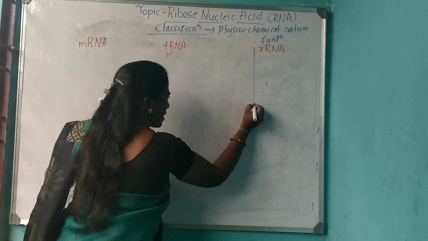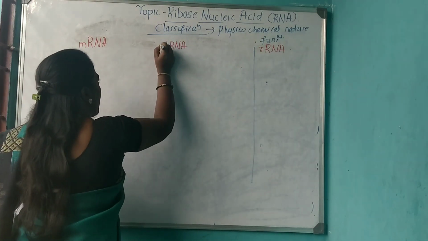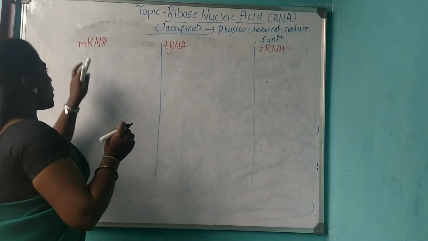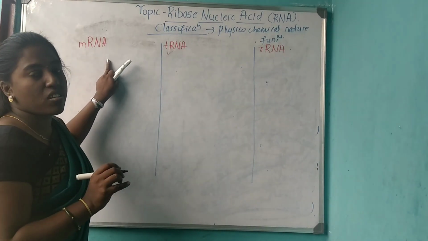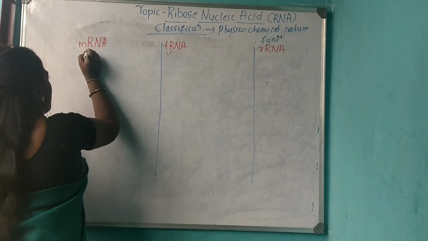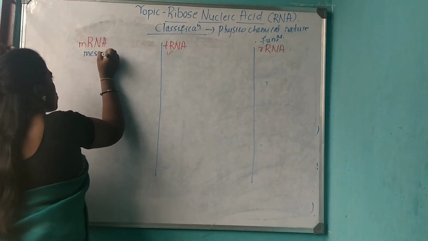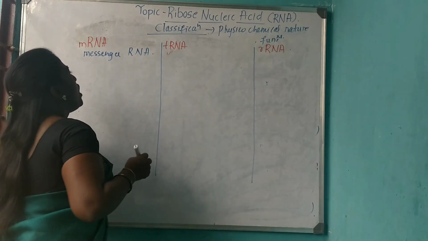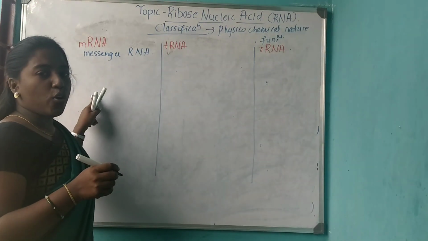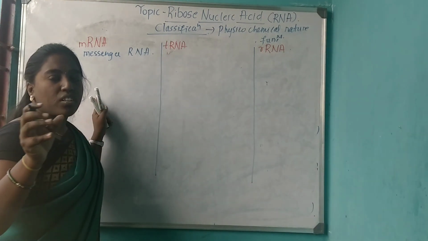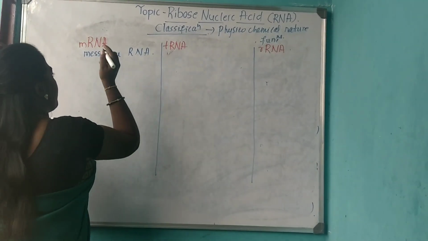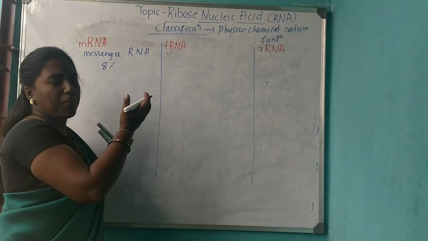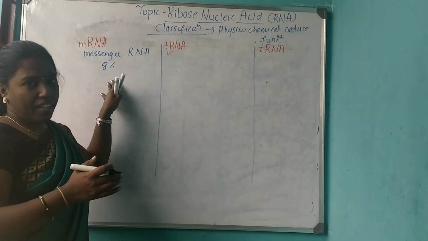First, let us discuss mRNA. Later we'll discuss tRNA and rRNA. mRNA stands for messenger RNA. It accounts for 5 to 10% of the total RNA.